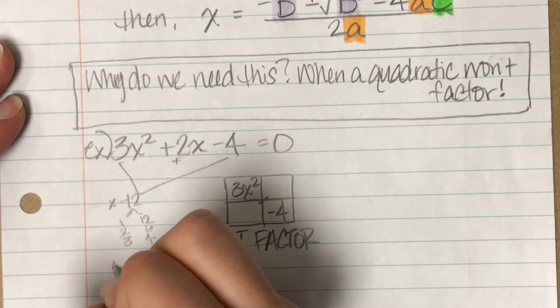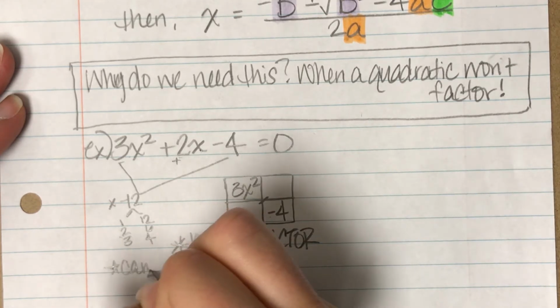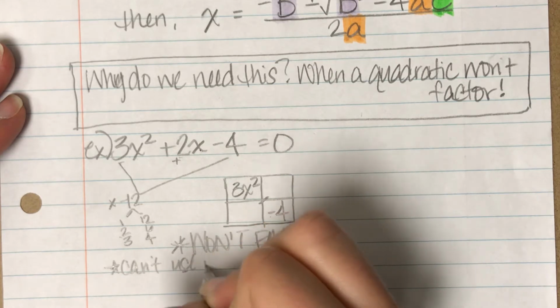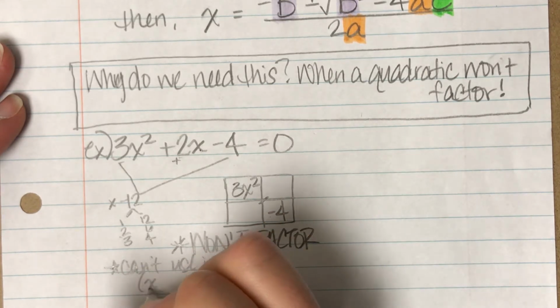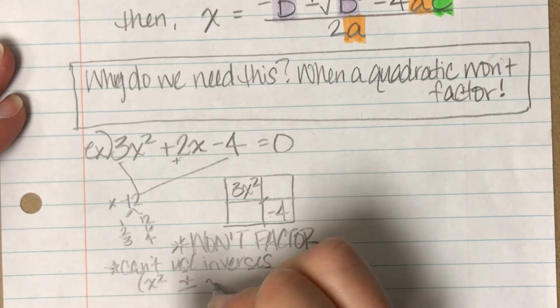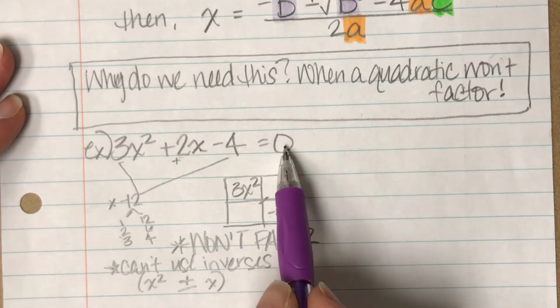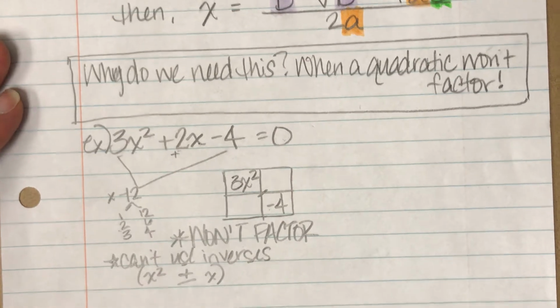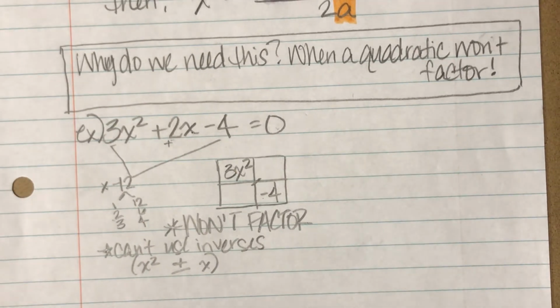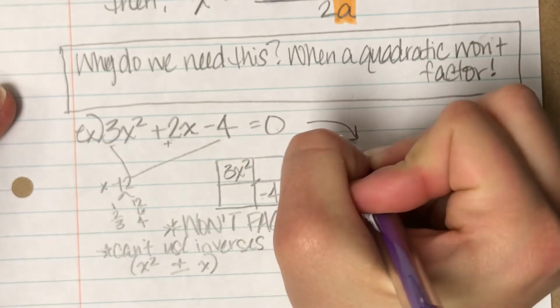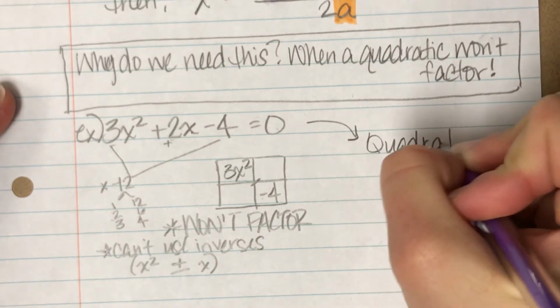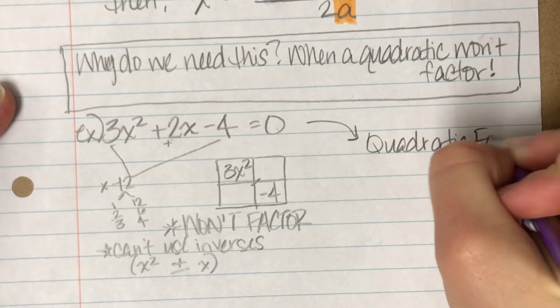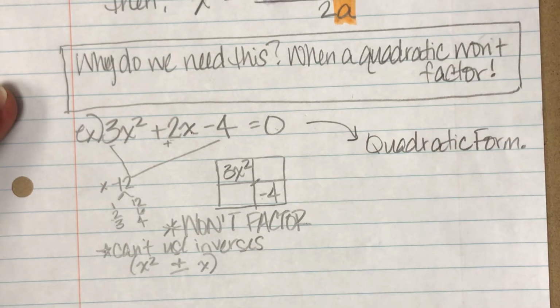And we already said you can't use inverses because, as you remember from a couple of sets of notes ago, if it has an x squared and an x, you start trying to add the 4, but you get stuck with these two. So we need another method. And when those two won't work, we use the quadratic formula. I know I can use it because it follows the pattern: it has the trinomial that equals 0.